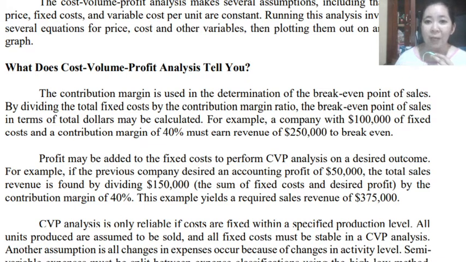A company with 100,000 of fixed cost and a contribution margin of 40% should earn revenue of 250,000 to break even.